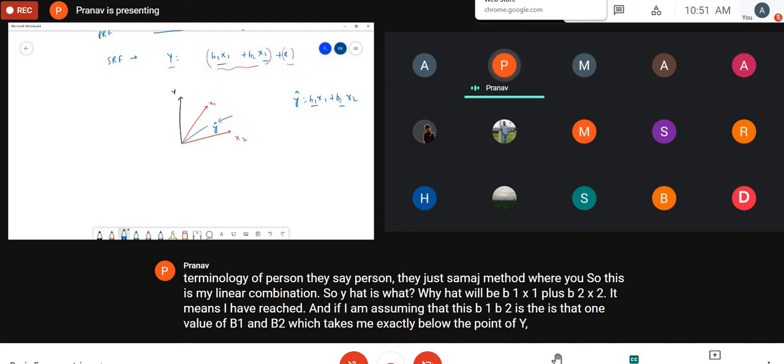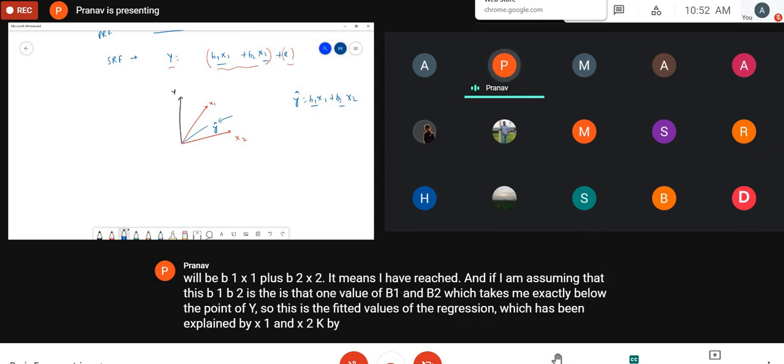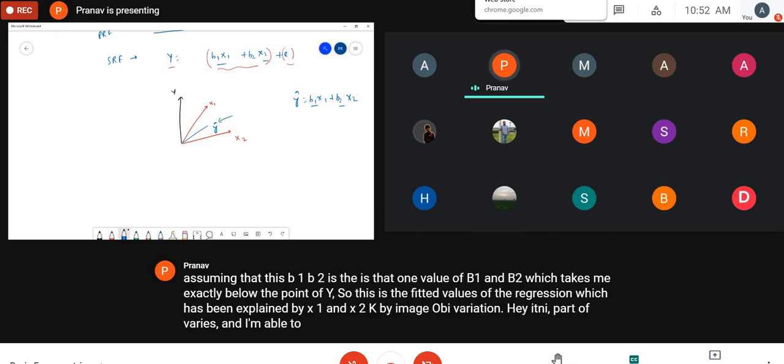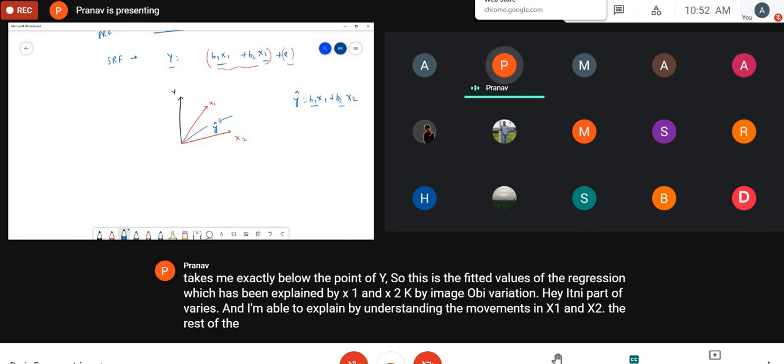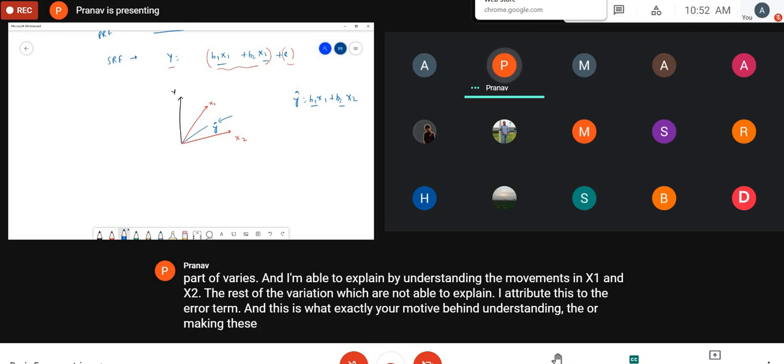So this is the fitted values of the regression which has been explained by x1 and x2. कि भाई y में जो भी variation है, इतने part of variation I'm able to explain by understanding the movements in x1 and x2. The rest of the variation which I'm not able to explain, I attribute this to the error term. And this is what exactly your motive behind understanding or making these models are.